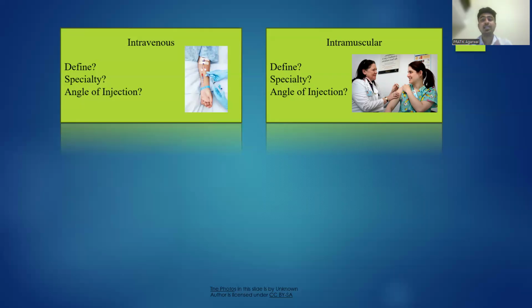Angle, we know, is 90 degrees. Specialty, there's no specialty about it. You can give drugs to the muscles. The only thing is it comes in two formats. One is directly, instantly acting: you give a normal IM. Secondly, they come in specialized depot formulations.